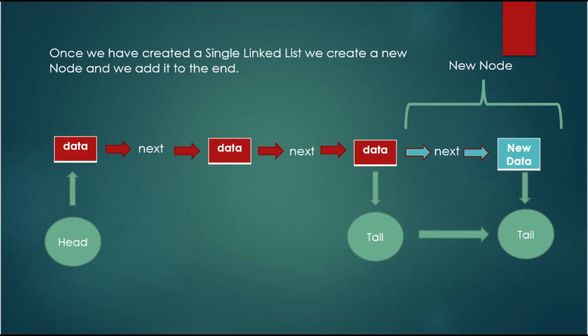So the idea is basically, once we have created our linked list, if we want to add an element to the end of the list, we just have to create a new node, which is composed of data and an indicator, a pointer, add the node obviously, and then move the tail to the last of the single list.